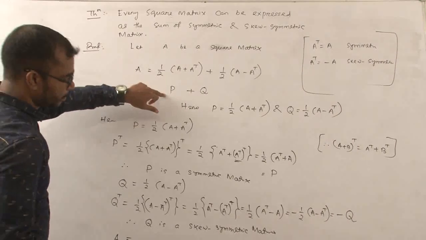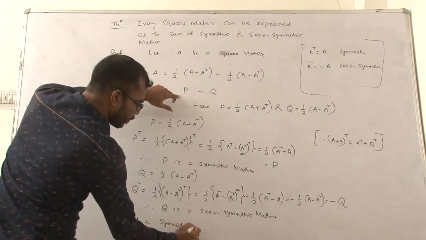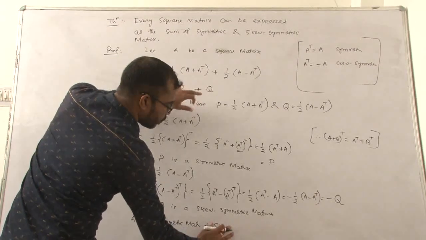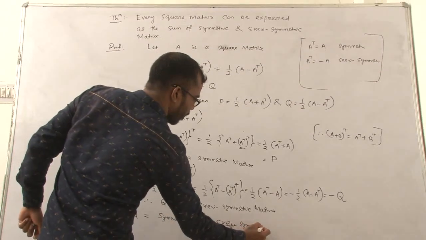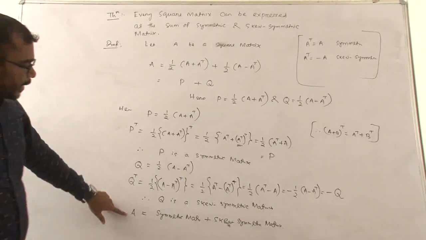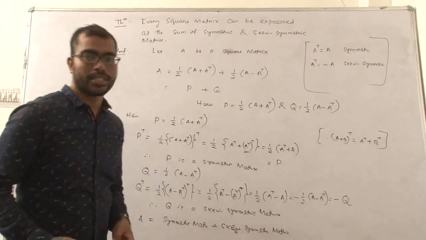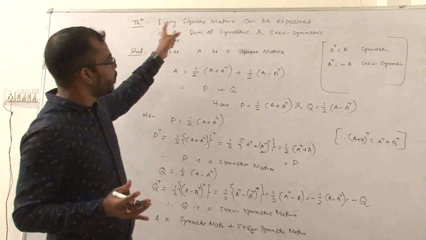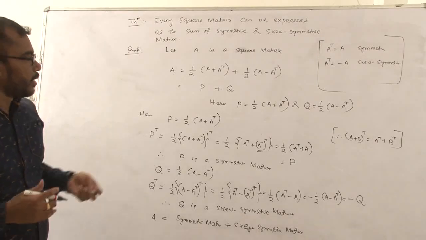So every square matrix can be expressed as the sum of a symmetric matrix and a skew symmetric matrix. So that is the theorem on the relationship between symmetric and skew symmetric matrices. Now we take some examples to understand clearly.